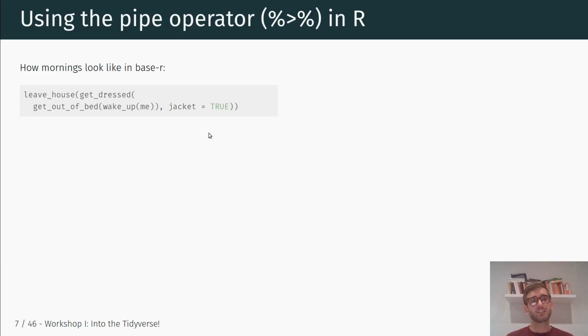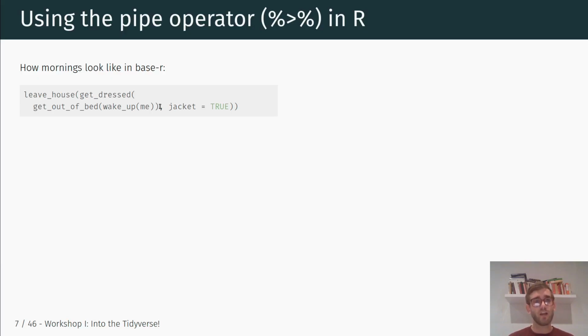And so it can sometimes be really difficult to understand what is actually going on in code because it's all nested within each other.